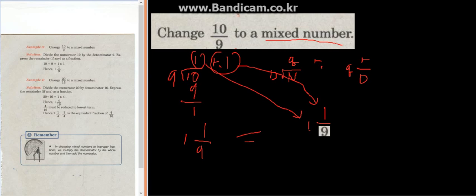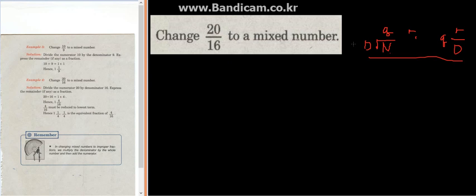So let's go to the next question, based on what I copied previously. Here, you do exactly the same, where the denominator is 16 and the number being divided is 20. If you calculate, the quotient becomes 1, and if you subtract, the remainder is 4.